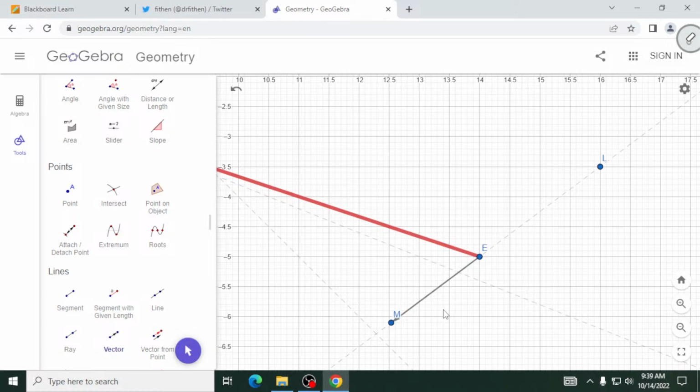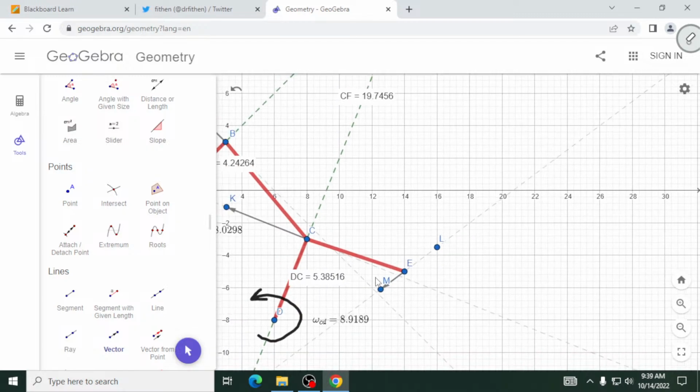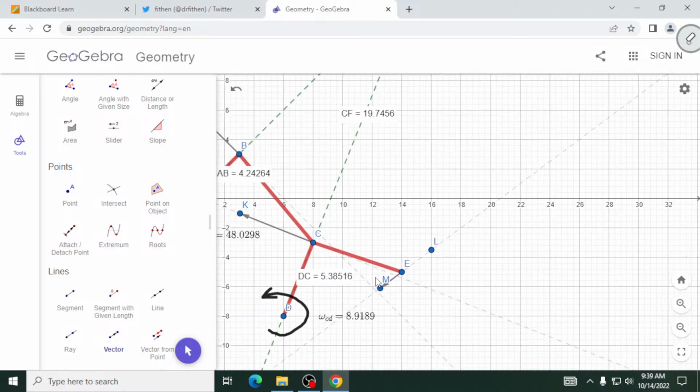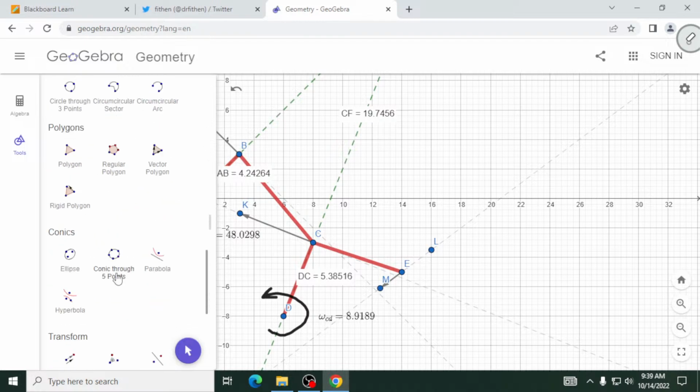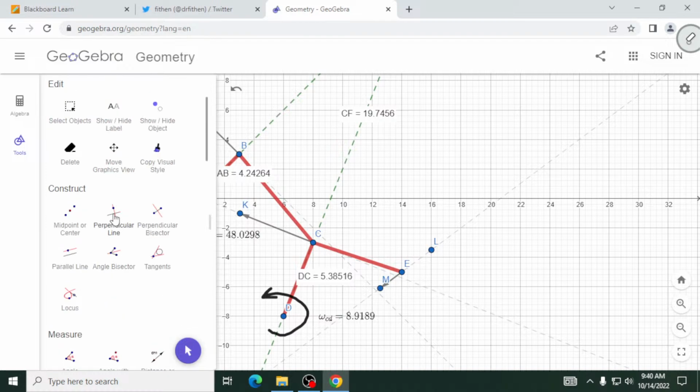I don't think I can edit text, so I'm going to leave the text off and say, okay, at this point, I need to find the perpendicular to that thing. I think it was back up here, perpendicular. So I'll select that line, and I'm going to draw perpendicular.